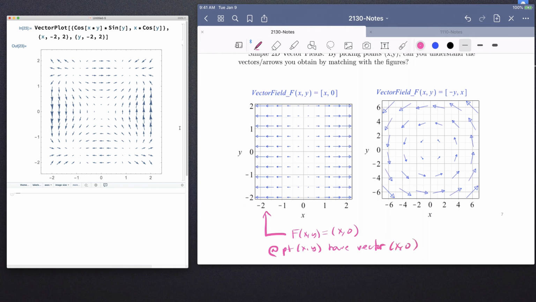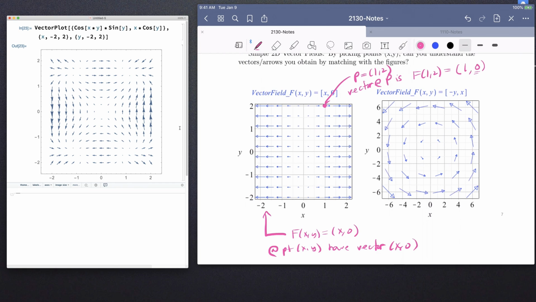So if you look at, for example, the point P is equal to 1, 2, the vector at that point P is given by F of 1 comma 2, where x is 1, y is equal to 2, but the vector field says that you're supposed to have a 0 in this entry.